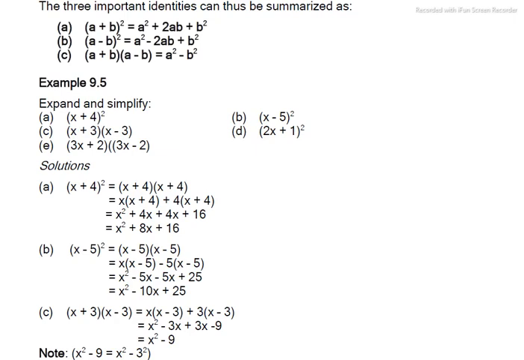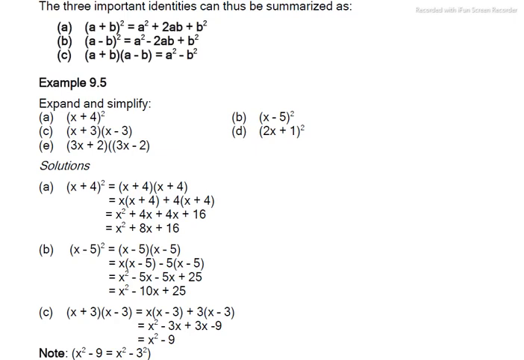(a + b) squared, if we are to expand that, we shall come up with a squared plus 2ab plus b squared. We have just seen how we expand and simplify. And a square means that that figure is multiplying itself.